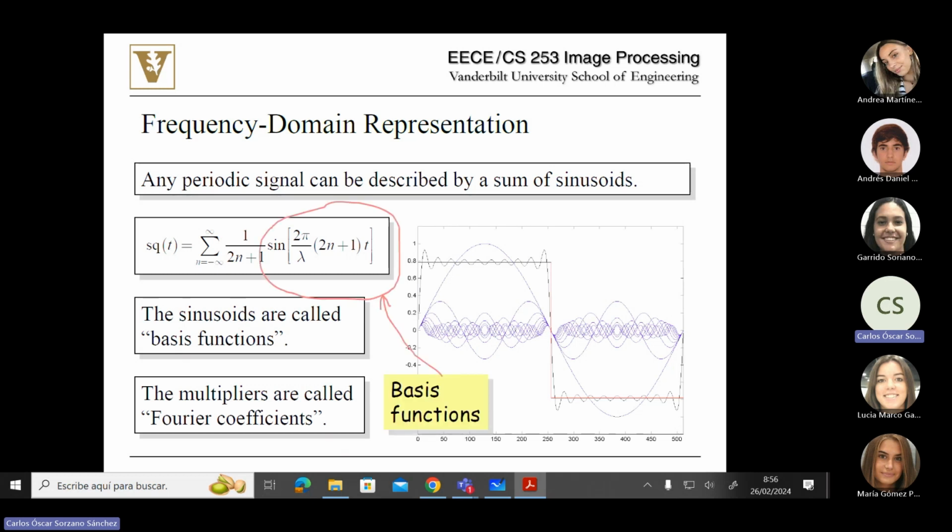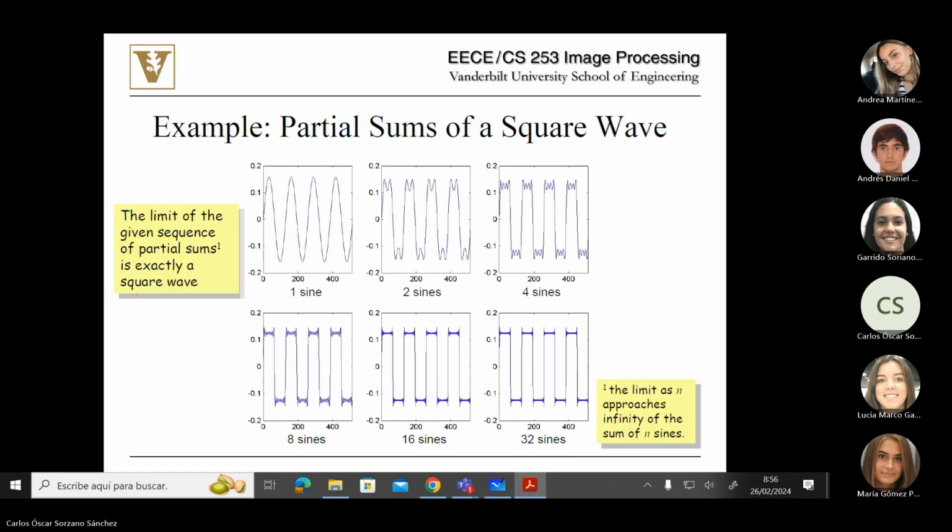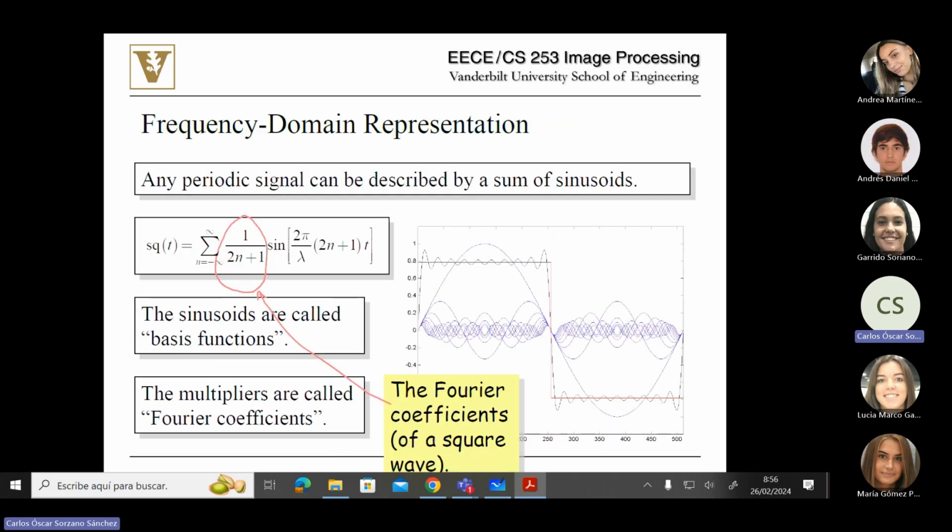Okay, so this is just to show how we can approximate more and more the input signal. So let's say that we have only one sine, two sines, both sides. So we are stopping this addition.